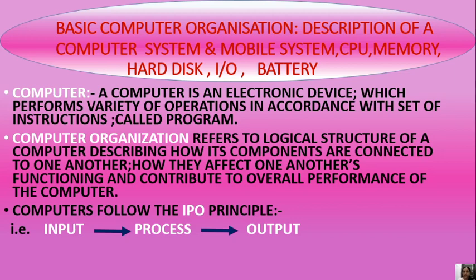So this is the complete structure. I will show you in the next slide the image of this computer organization. So here the last point is computers follow the IPO principle. IPO, input process output.